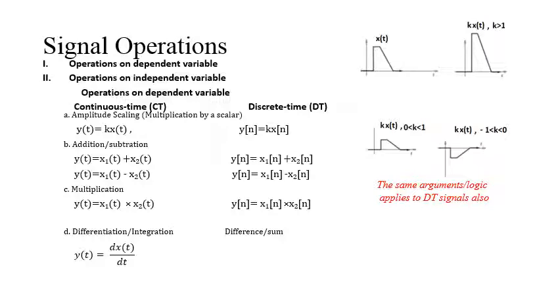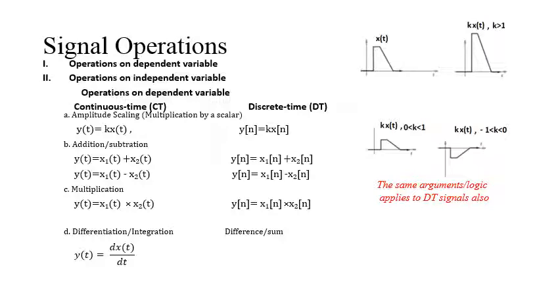Where your input signal is x of t. You understand that's because t is there, so it will be a continuous time signal, right? So the corresponding output signal is y of t. That's the norm, that we represent the input signal by x of t and the output signal by y of t.